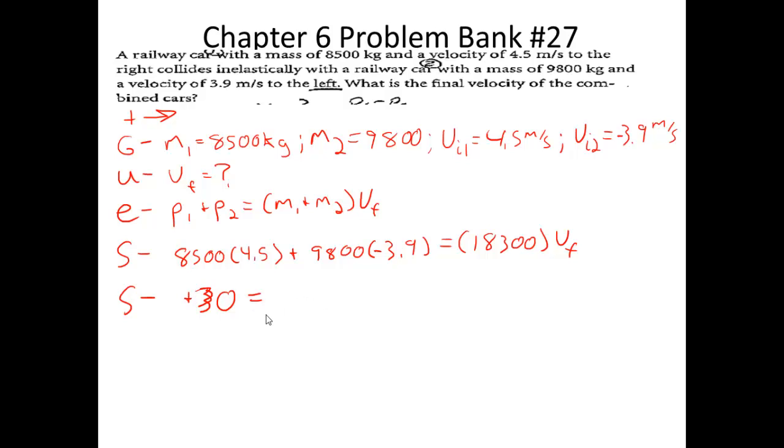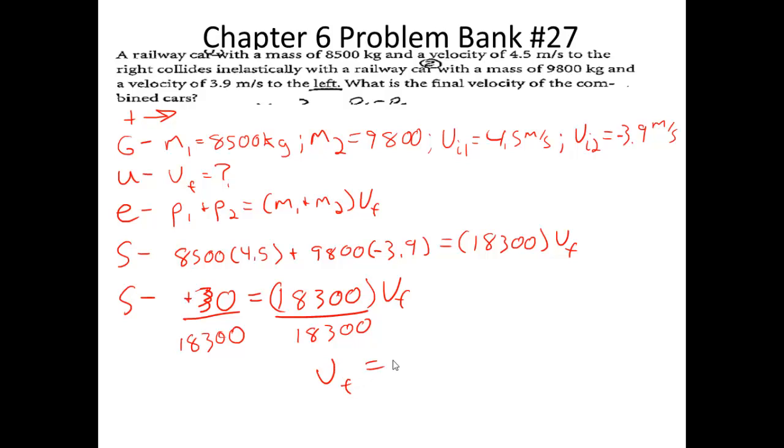We're going to divide that by 18,300 to get v sub f, and our final velocity is very, very small, 0.002 meters per second.